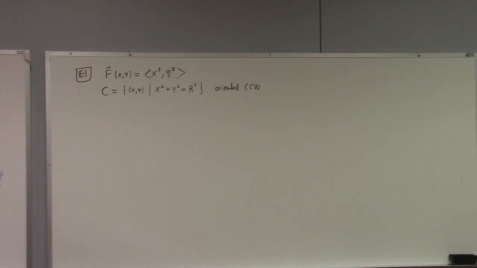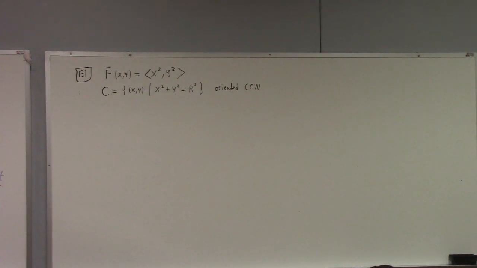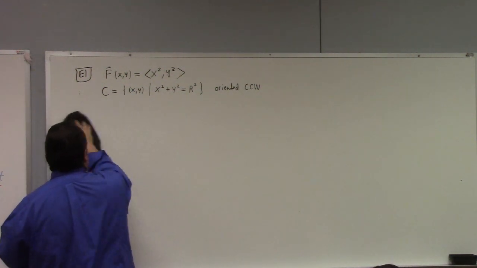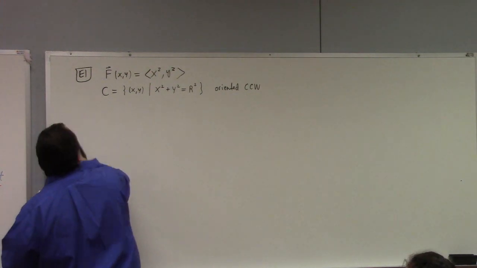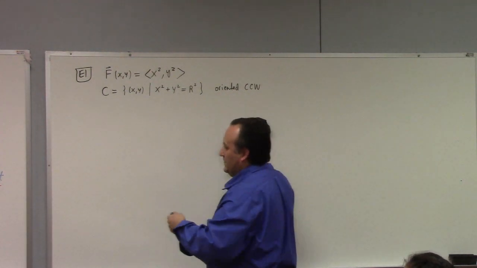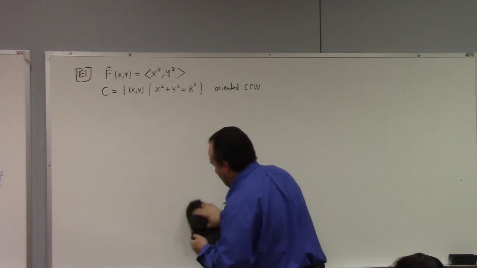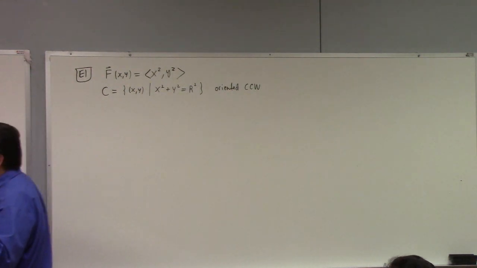And if you're really paying attention, you might complain that my example 1 is outside the scope of my definition, right? Why is that? I wrote the definition as if we only take line integrals in 3 dimensions. But is that the case? No. This definition really makes sense in n dimensions. So I don't know why I put R3 in the notes. It really doesn't have to be R3, right?